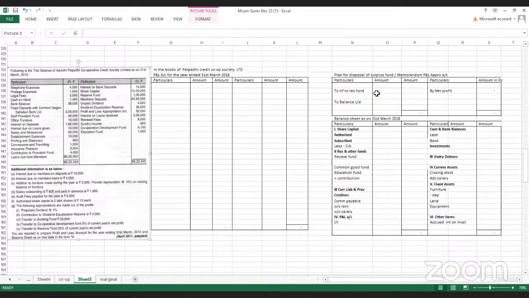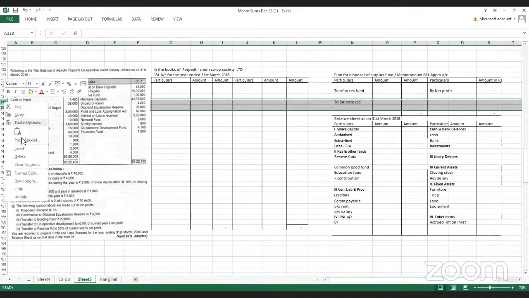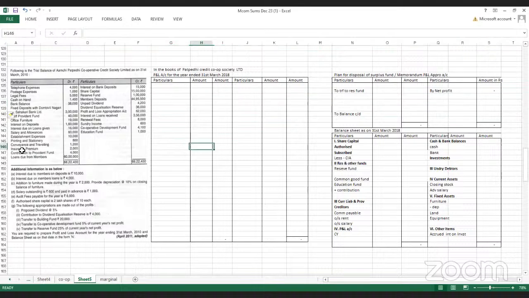These will appear on the debit side of appropriation account, which is a plan for disposal of surplus. So I just need to add 2 more lines there. We don't give second effect of that. It is subject to approval in the annual general meeting or general body meeting.